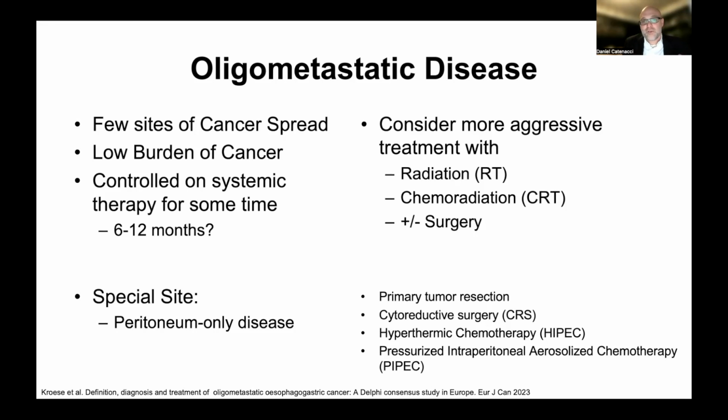So a lot of critics were like, well, what's that going to achieve? If you're going to do it, you need to take everything you can find out. And so doing the primary tumor resection and then something called cytoreductive surgery, or CRS, removing all of the known disease in the peritoneal cavity, and then putting chemotherapy inside, whether it's HIPEC or PIPEC, and we'll talk about that.